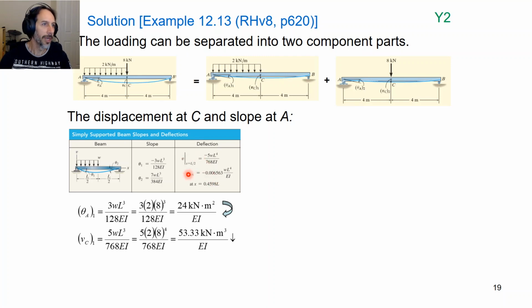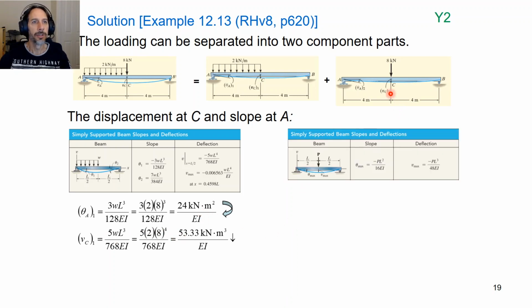We don't want the maximum, because the maximum is not going to be at point C. Maximum is going to be somewhere else, right? And in fact it's given to you here, right? We want the deflection at x equals L over 2. Yep. So 5WL^3 on 768EI. So put the numbers in and you get the deflection at point C.